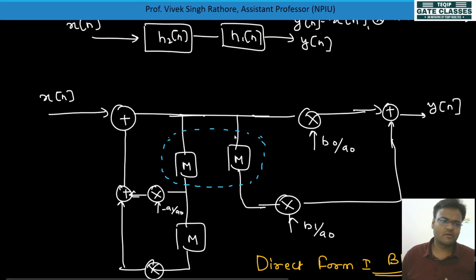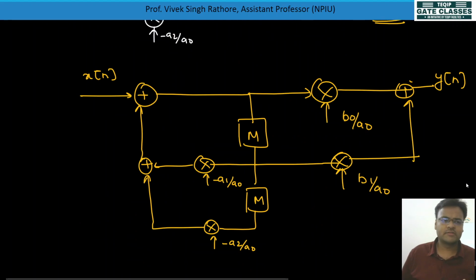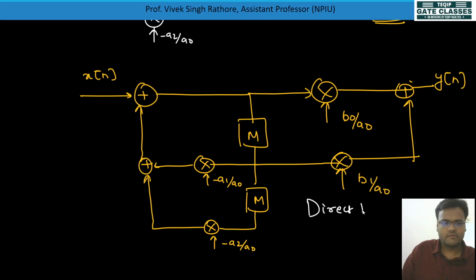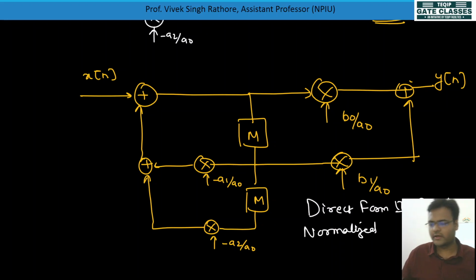So we can merge and put only one, then it's sufficient. So like this we can put, this is called the direct form 2 block diagram. I will write here direct form 2 block diagram, right? Or it is also called the normalized block diagram.